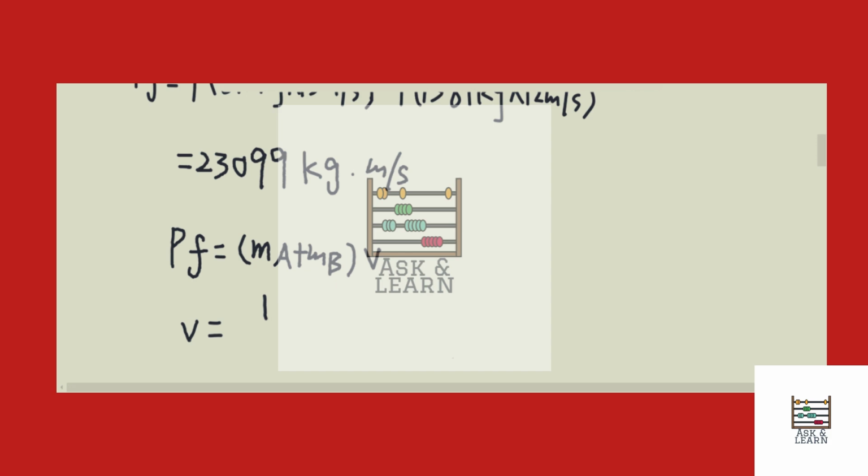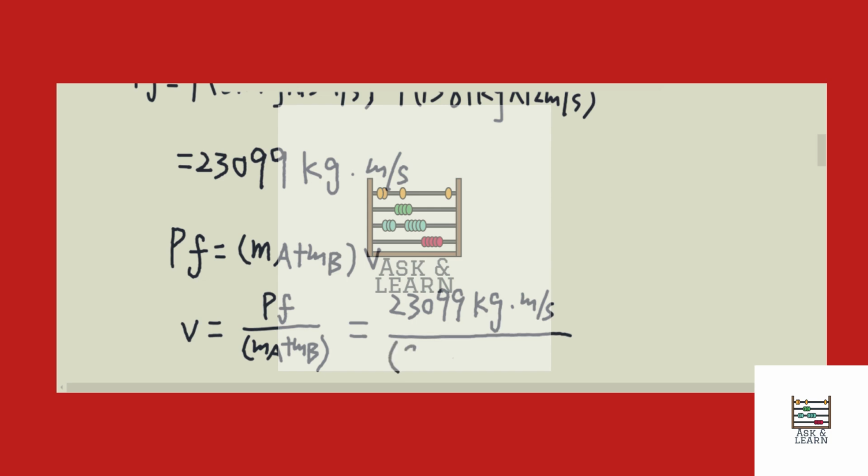Then we have v is equal to PF over mA plus mB, which is 23,099 kilogram meters per second over 875 kilograms plus 1584 kilograms. And this will give us a speed of about 9.4 meters per second.